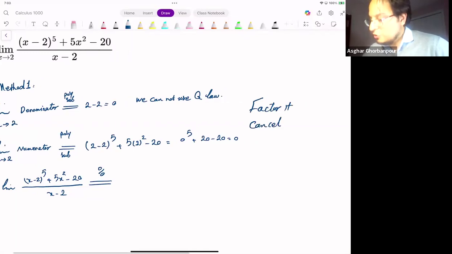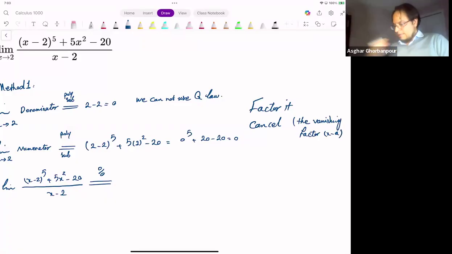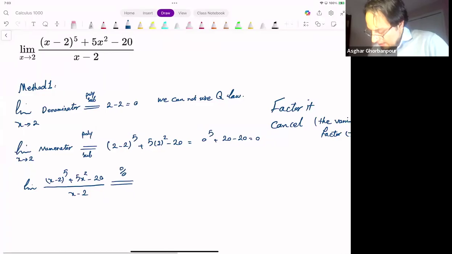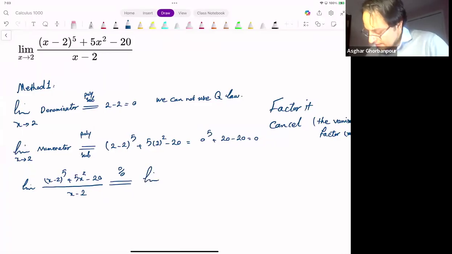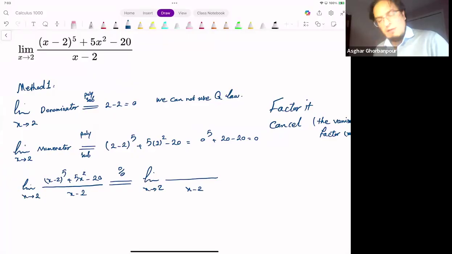So factor numerator and denominator and cancel the vanishing factors, which when x goes to a, is x minus a. So in this case, I have to factor x minus 2 because x goes to 2 here. And in the denominator, I have already the vanishing factor, x minus 2.